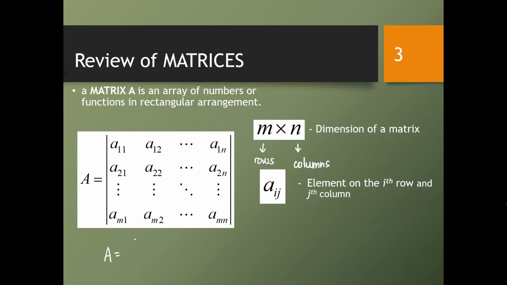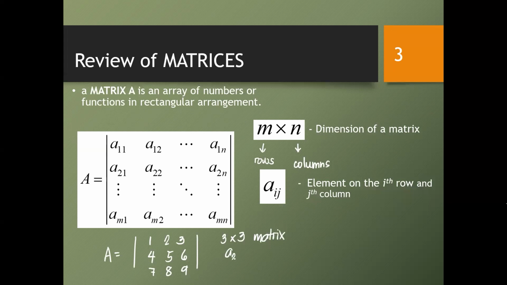For example, you have 1, 2, 3, 4, 5, 6, 7, 8, 9. Okay? This is what you call a 3 by 3 matrix. Right?